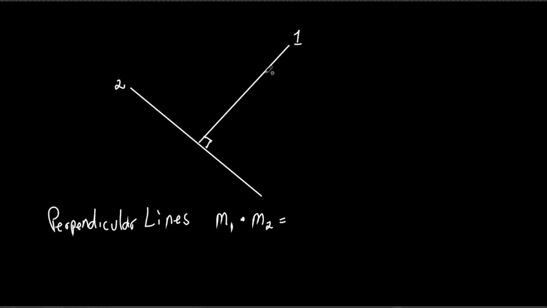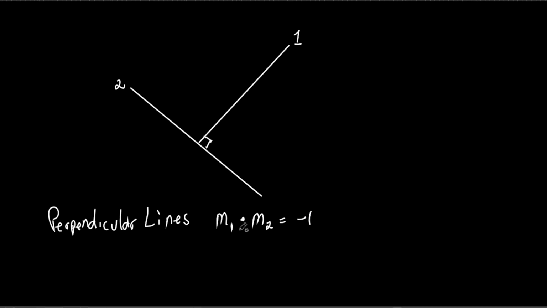If I multiplied the slopes of these two lines together and they're perpendicular, my answer will always come out to be -1.